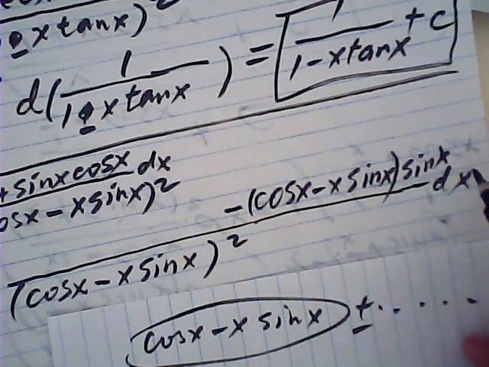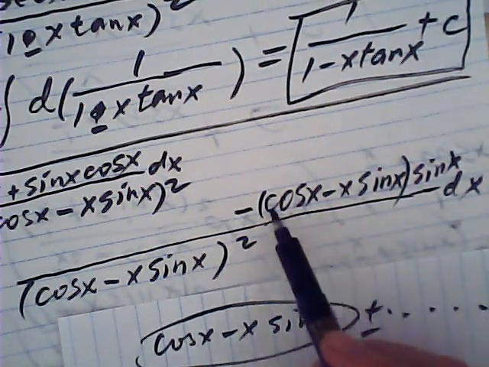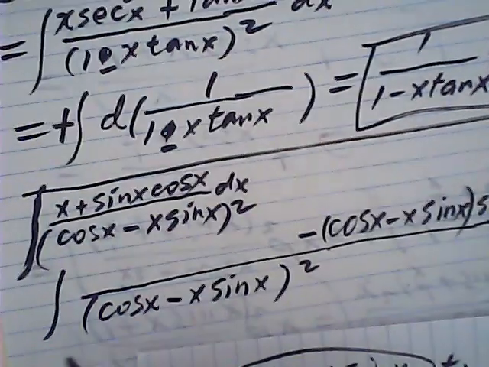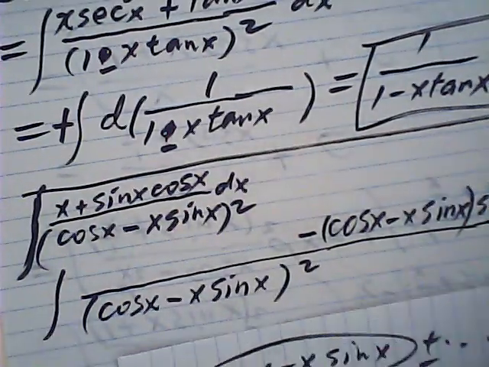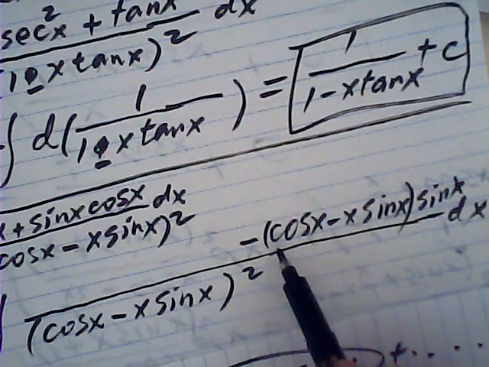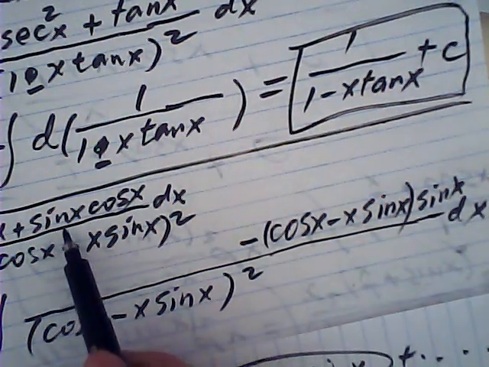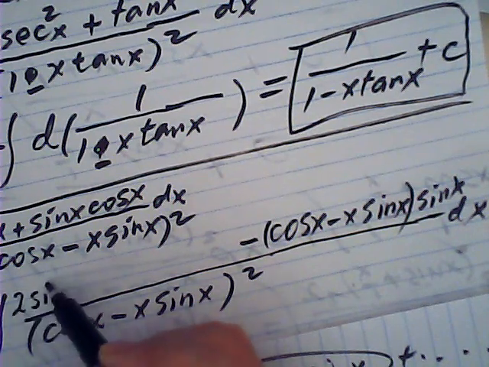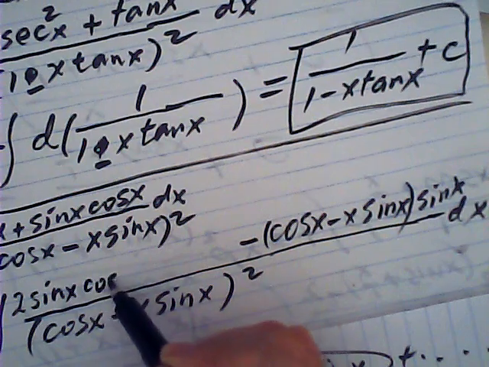I meant that I have this one, but not positive, negative. Then I consider balance with the numerator. This one times this one is negative sine and cosine. But I have positive sine and cosine. So I must have a 2 sine x cosine x.